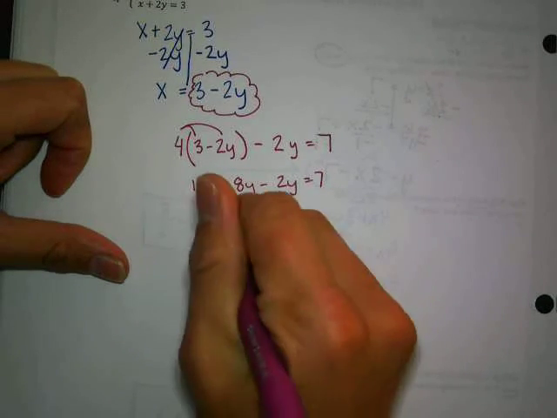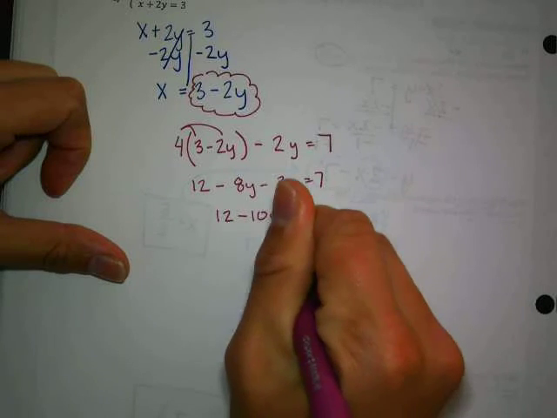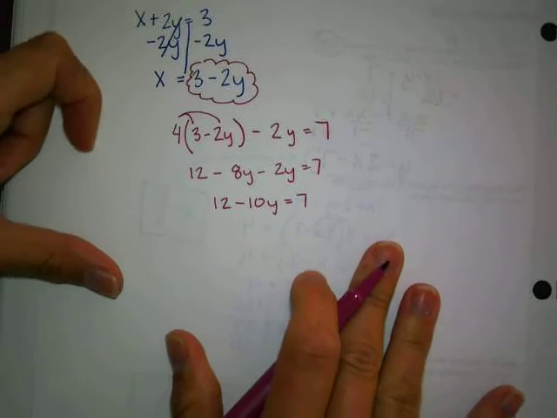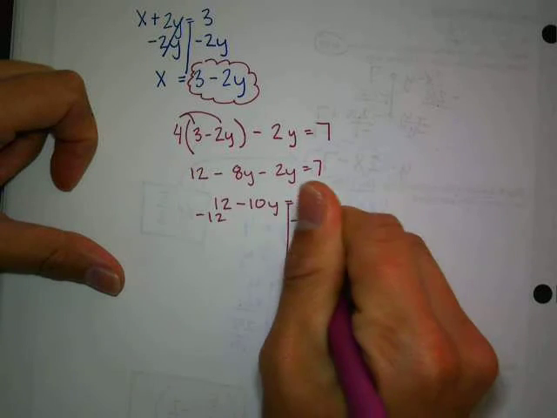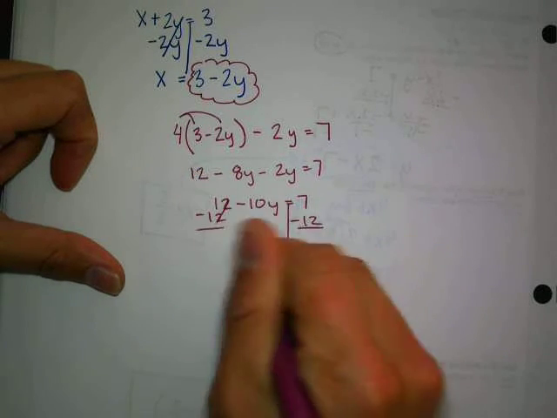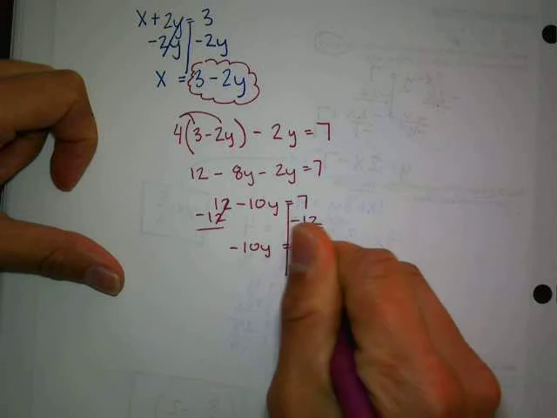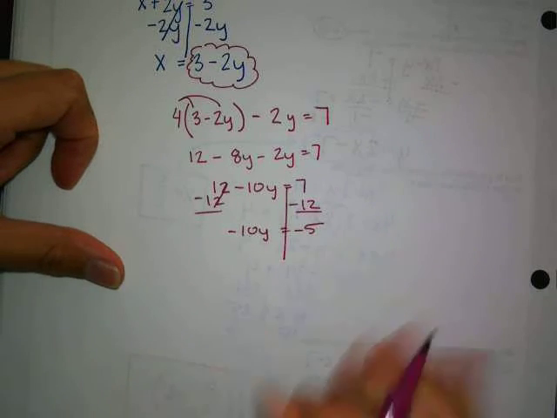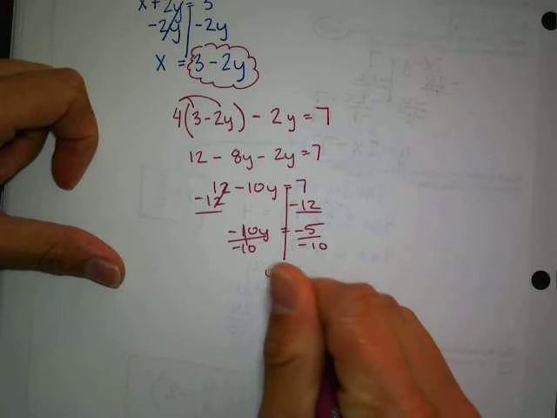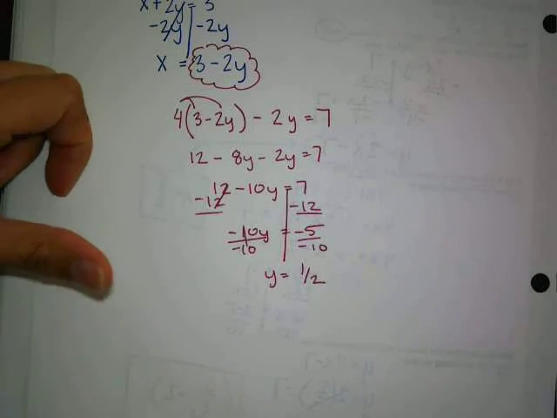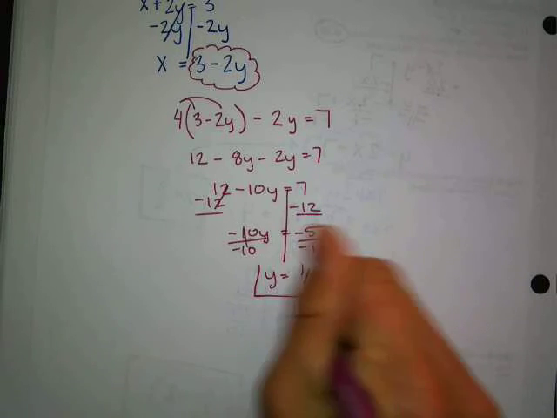Combine like terms. 12 minus 10y equals 7. And now I need to solve for y. So I'm going to get rid of the 12. Negative 10y equals negative 5. Divide by negative 10. And then it's a positive. And so then y is a positive 1/2.